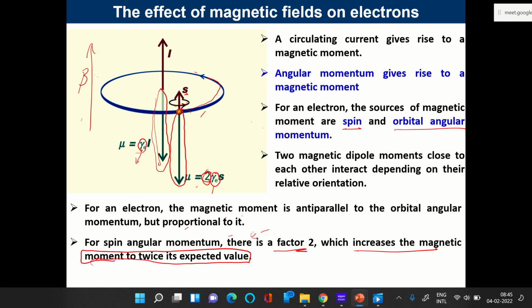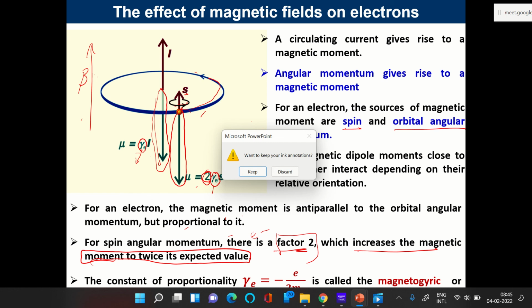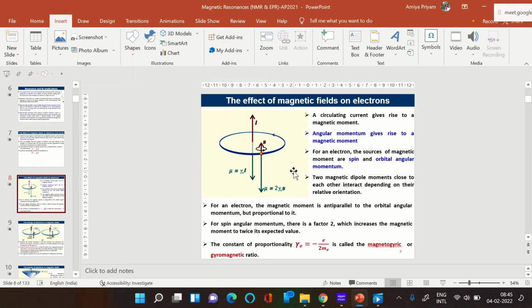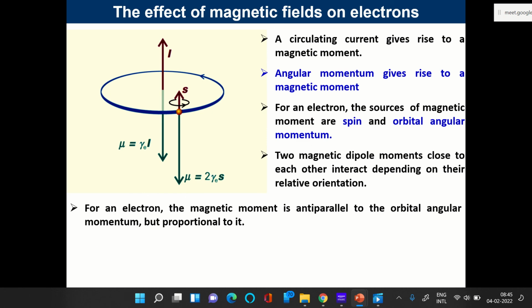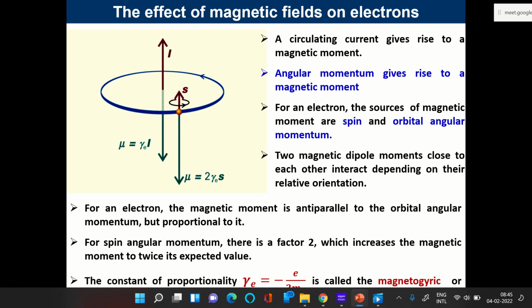Compared to what was expected from a simple consideration of the gyromagnetic ratio, it increases by a factor of 2 because of this relativistic effect coming into the picture. So this is the factor e by minus 2.